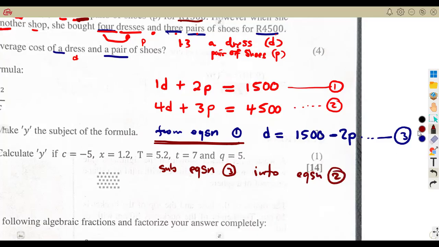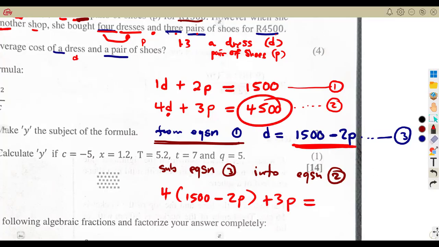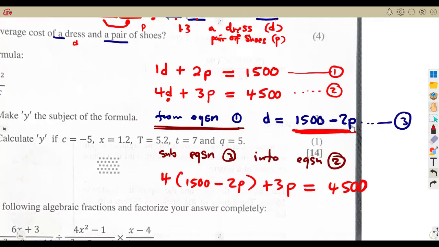All right, so let's substitute, guys, and see what we are going to have. In place of D, this is what you're going to substitute. So there we are given 4D, that is 4 into the value of D, which is 1,500 minus 2P. Then we have plus 3P is equal to 4,500. That is what we have. So after forming this equation, we can solve it.